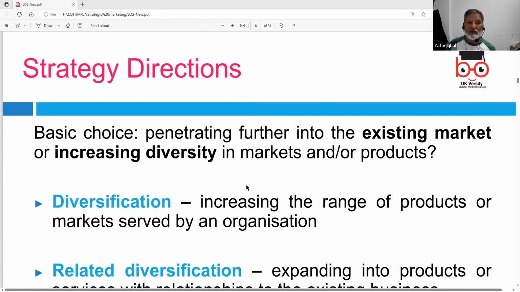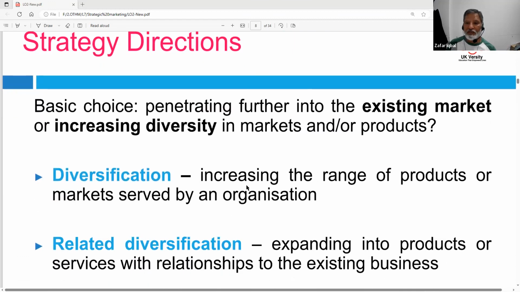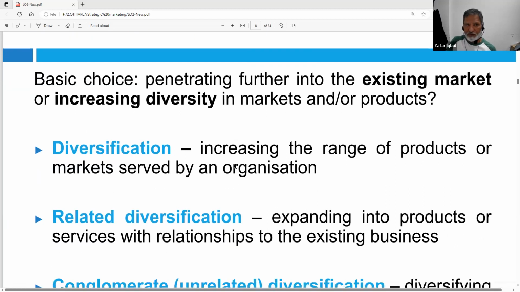So basically, there are different strategic directions that one can go. There are basic choices. For example, when companies are marketing, or when companies are strategically looking for their options, they can penetrate into existing markets, or diversify into different market areas or products. Okay, so there are two options for them: penetration or diversification.